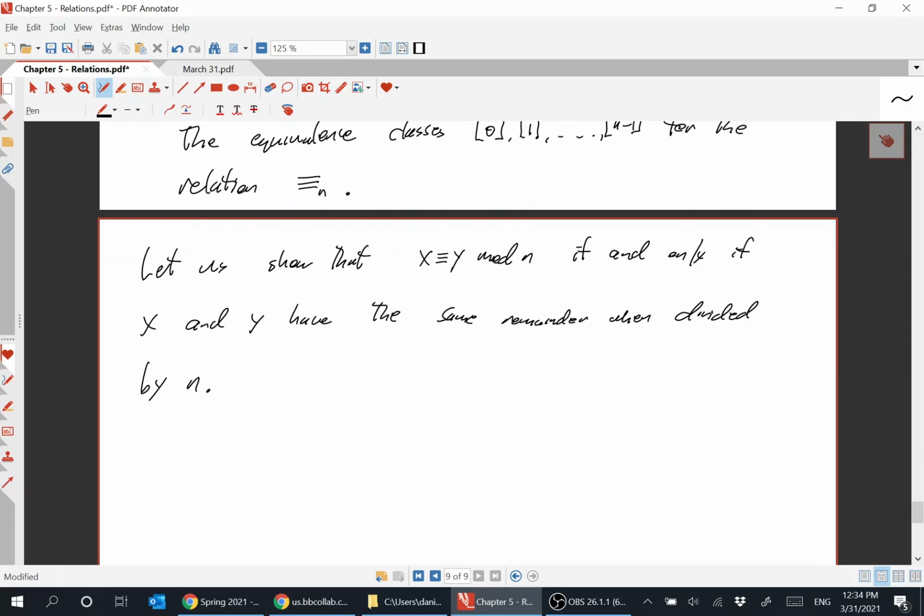So remember, an if and only if proof has two directions. So let's assume x and y have the same remainder when divided by n.